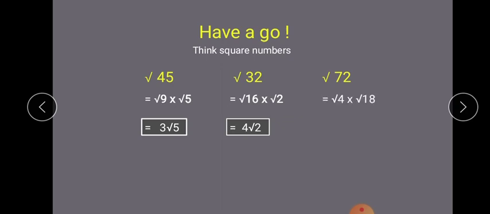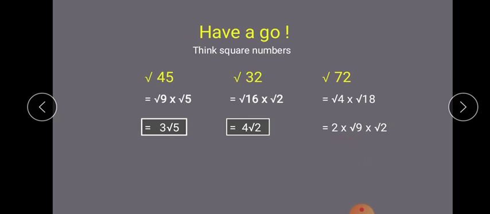Root 72. If we factorize, we can write like this: 4 into 18. Now 4 is again 2 into root 18. Now root 18 again we can break as 9 into 2. So 9 again is a perfect square, so the root will go, we will get 3.